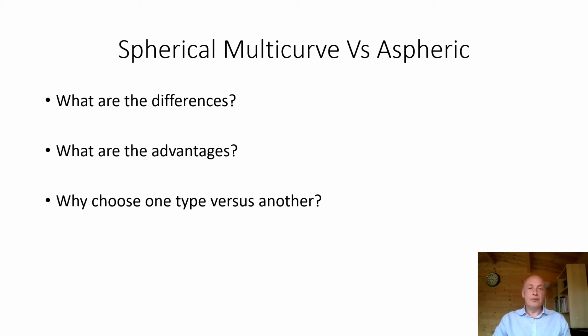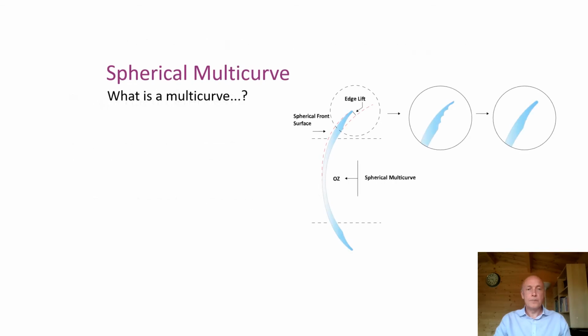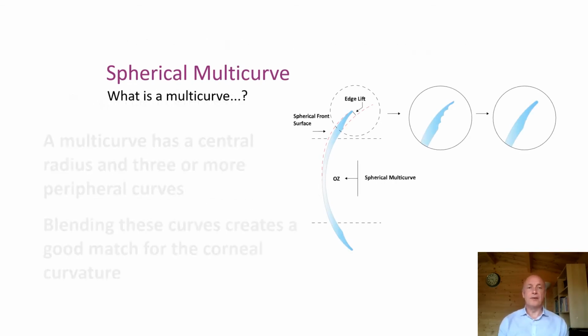So let's look at two different types of lens design, a spherical multi-curve versus an aspheric. Let's think about the differences between the two designs, what are the advantages of each type of design, and why we would choose one type over another. So a spherical multi-curve. What is a multi-curve design?